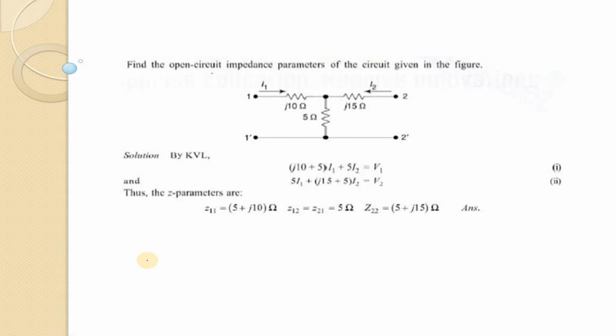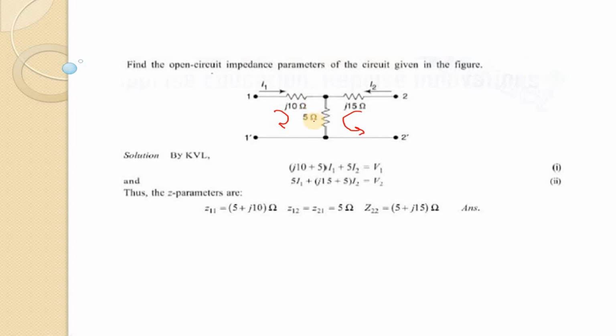So we are applying KVL in loop 1, this one, and we are again applying KVL in this loop.